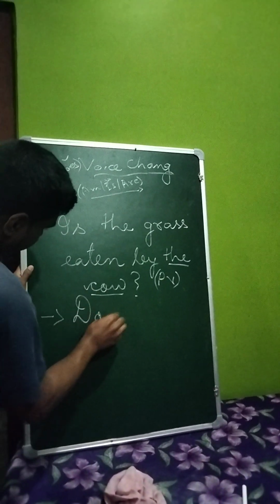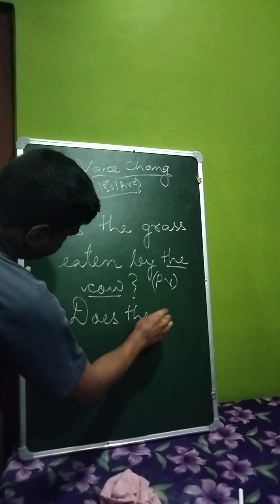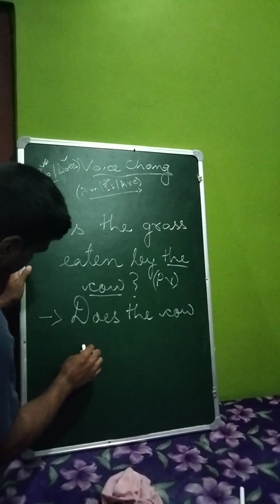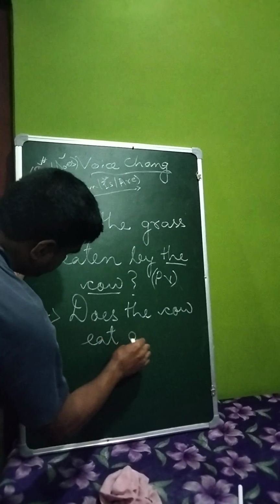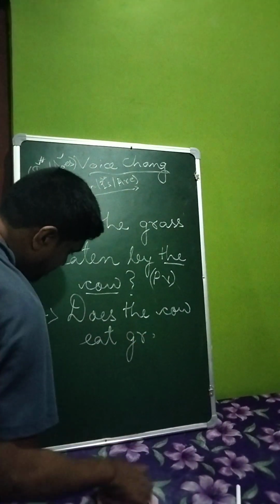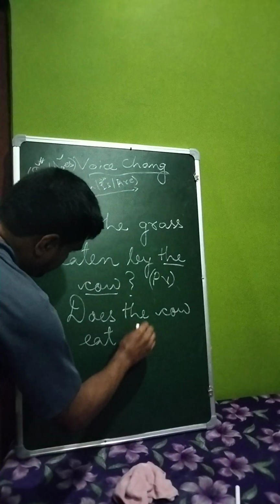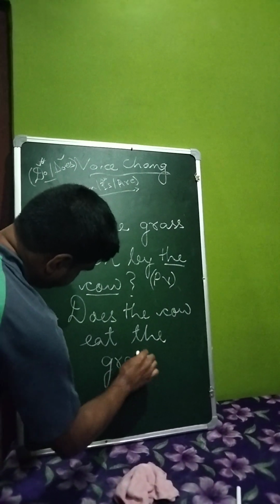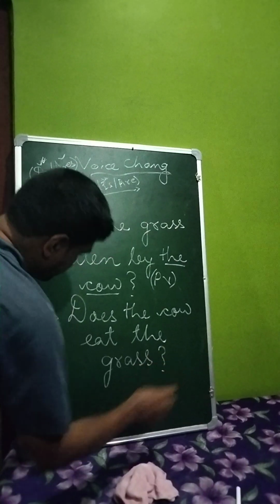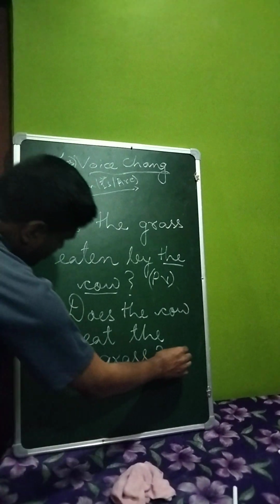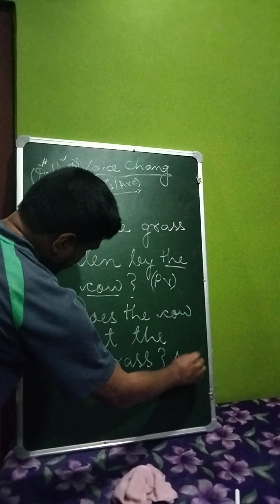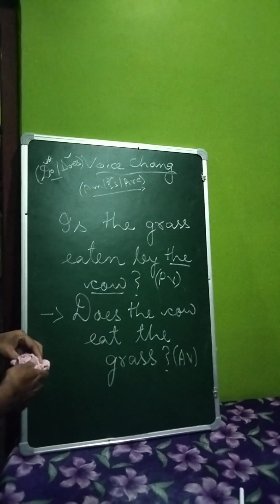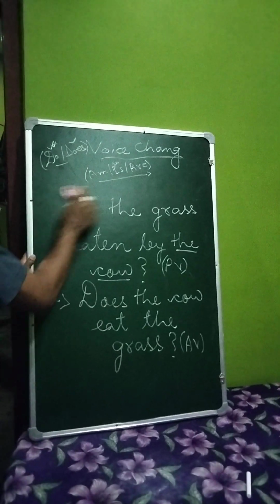Does the cow eat the grass? It is the simple thing. I hope you understand it better, and in this way, if you concentrate, then you will be able to solve the voice change very easily.